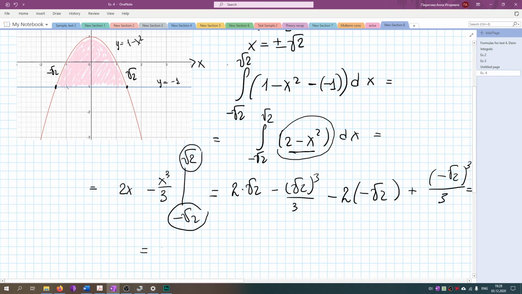So we get 4 square roots of 2, because we take this and this, and minus 2 divided by 3 multiplied by the square root of 2 to the third power.